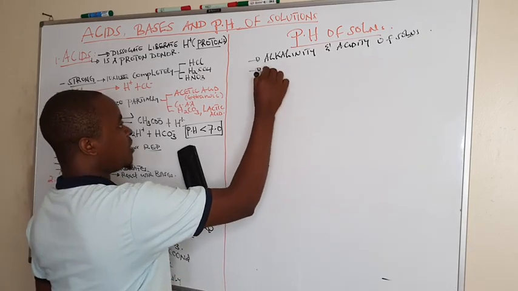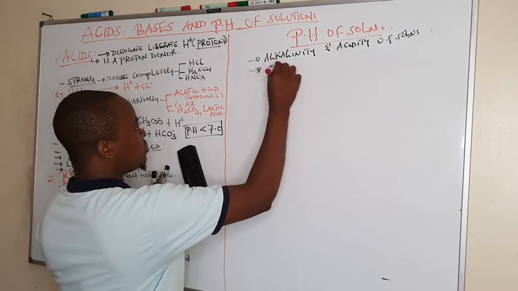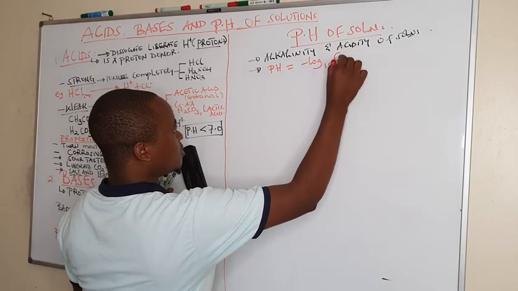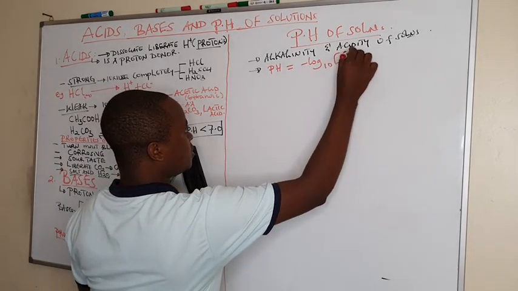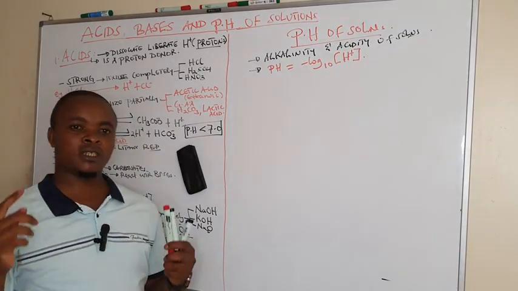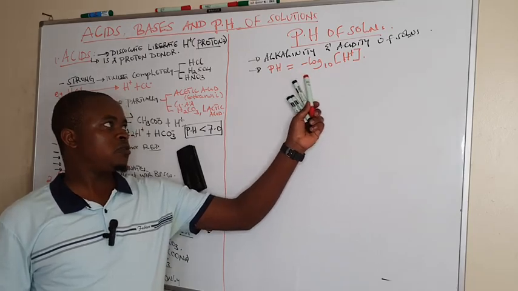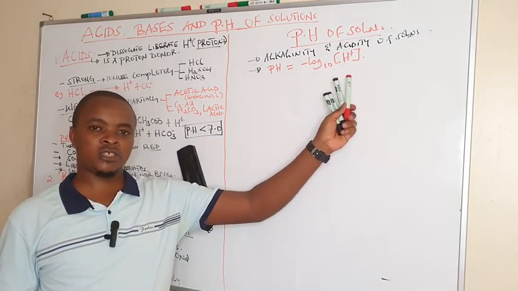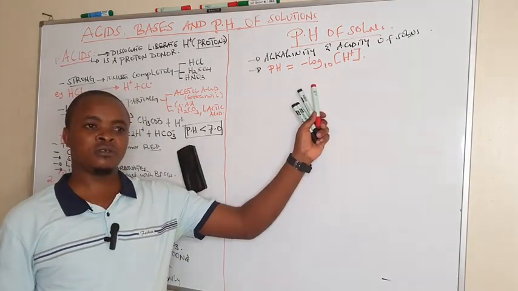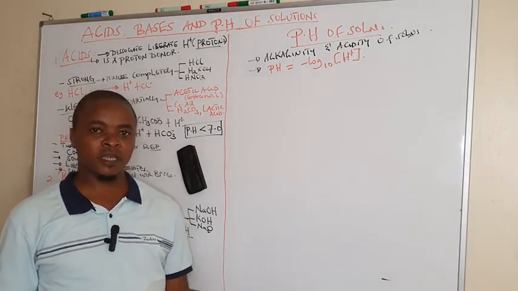Or pH can be defined in the form of a formula whereby we say pH is equal to negative logarithm base 10 of the concentration of hydrogen ions.